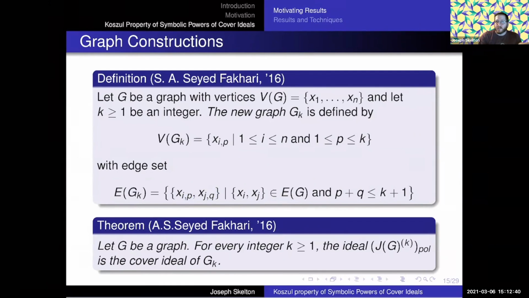This is a really cool construction because he shows that the polarization of the symbolic power of the cover ideal of the graph is the cover ideal of G_k. So now I just need to show that G_k is vertex decomposable, and I'll get that this is Koszul.